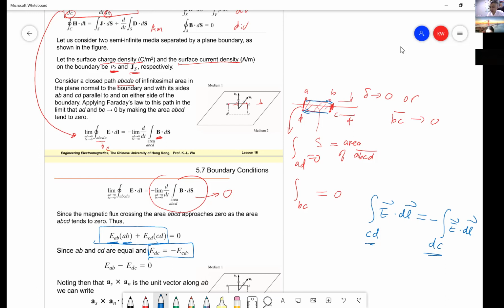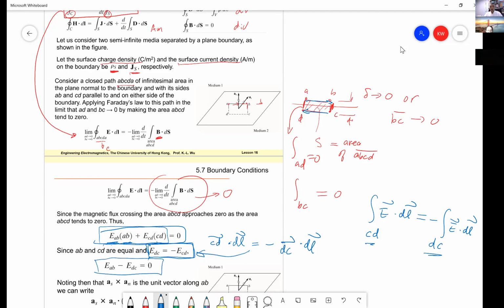So the electric field along AB, dot dl, equals minus the electric field along DC, dot dl. So this line integration will be equal to 0. We substitute this relation, which offsets the sign.